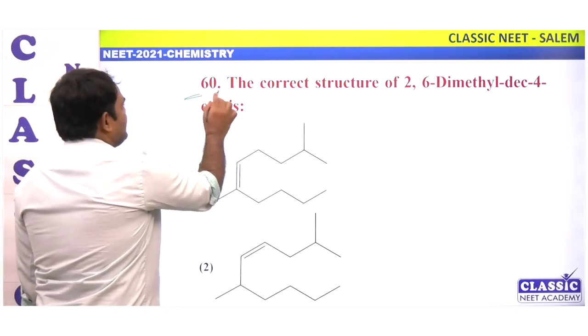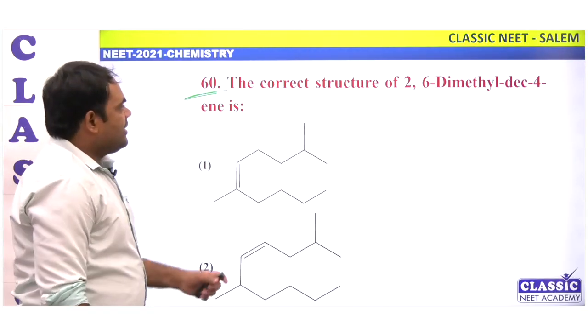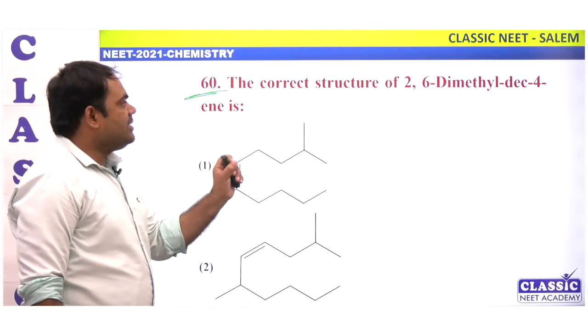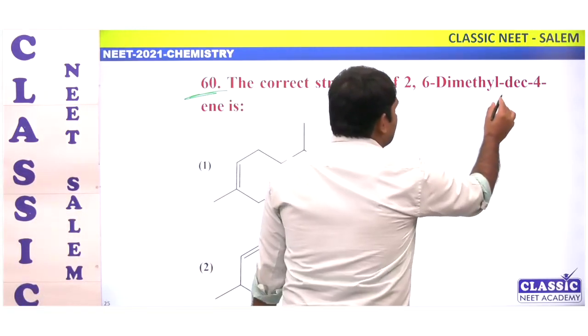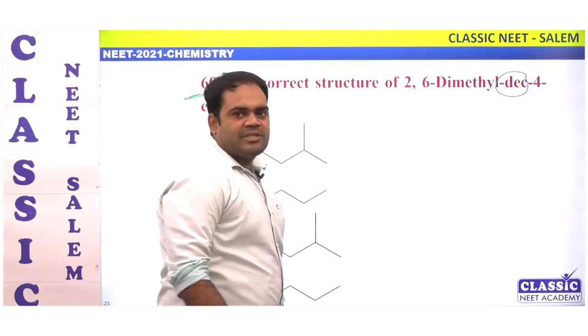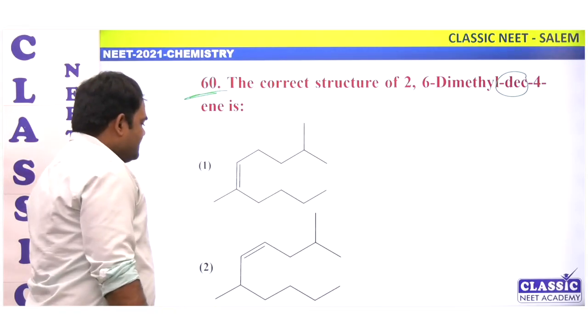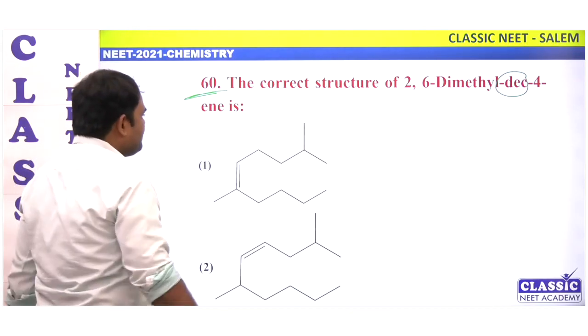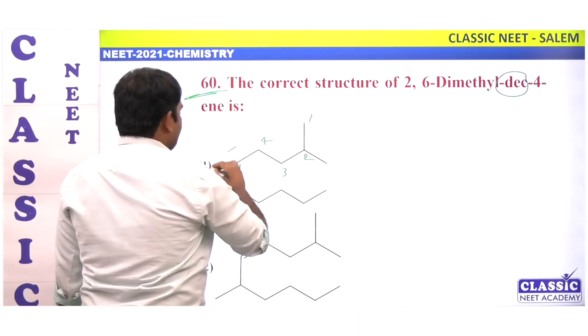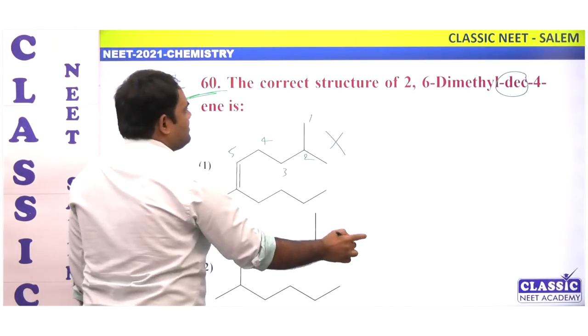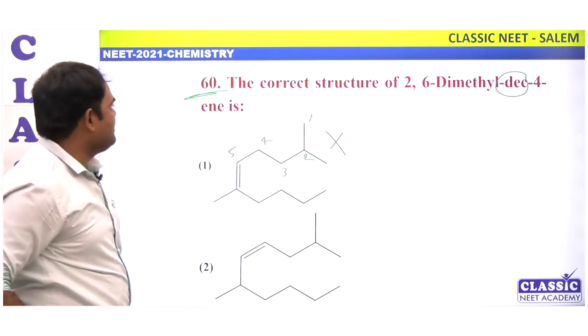Question 60, what is given here? The correct structure of 2,6-dimethyl dec-4-ene is. Dec means how many carbon atoms? 10 carbon atoms are present here. We can check that. Firstly we start the numbering from here. So 1, 2, 3, 4, 5. That means it is not correct, because at the fourth position what is present?